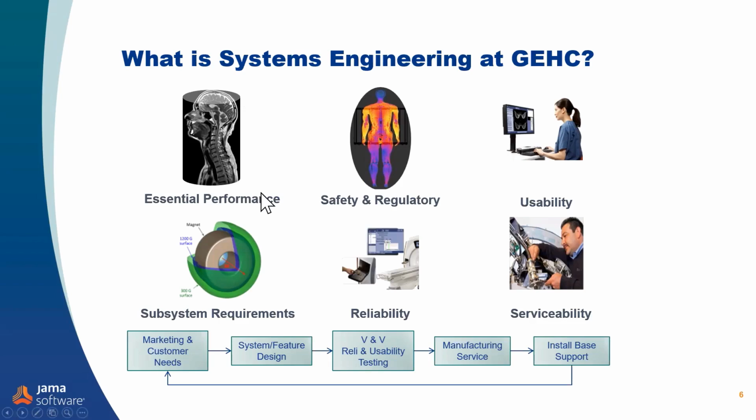In delivering that essential performance, you've got to make sure it's safe, and you've got to make sure you have regulatory compliance. As I mentioned, we really want products that are easy to use and delight the customer. So usability is a critical part of systems engineering. And in doing that, we make sure we define the right implementation requirements, the right reliability strategy, and that it can be installed and serviced properly.